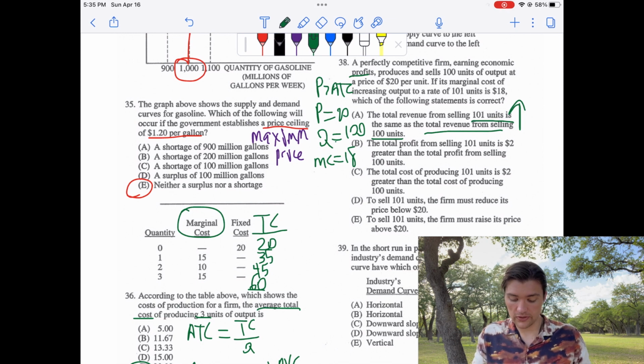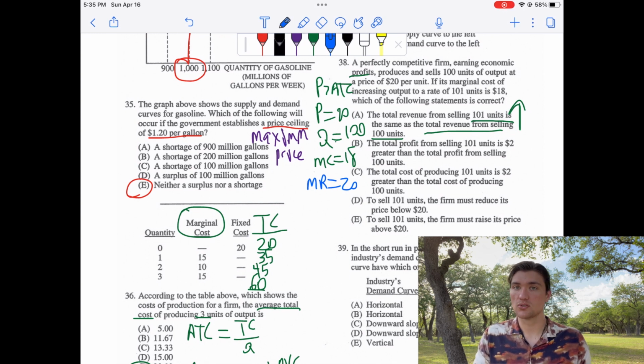Your total profits from selling 101 units is $2 greater than the total profit from selling 100 units. Well, is that true? Yes, because look here. Your marginal revenue is what? 20. Right? So how much does your revenue go up? 20.